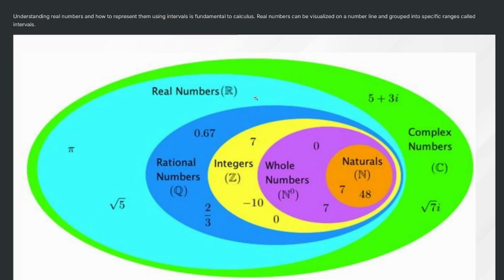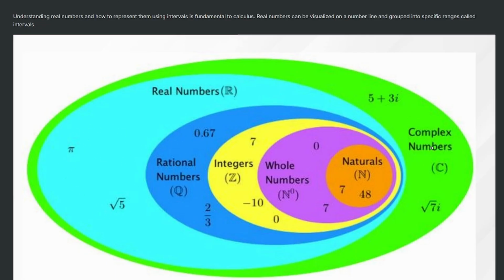The real number system includes both rational and irrational numbers, like pi, root 5, root 2. Irrational numbers, like the value of pi, are 3.1415 and so on. We don't know the end point of pi, so they are irrational numbers. And the real number system includes both rational and irrational numbers.